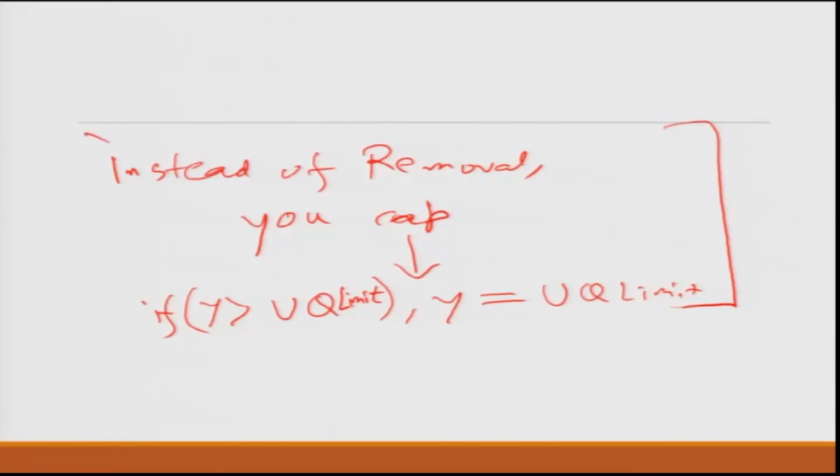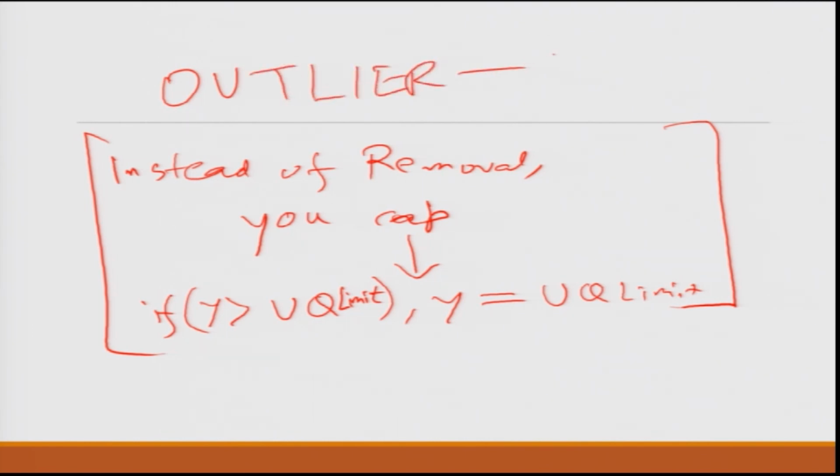There are a lot of ways. It's a complete field in itself, but the point is this outlier is a trap you need to take care of even before you build the model.